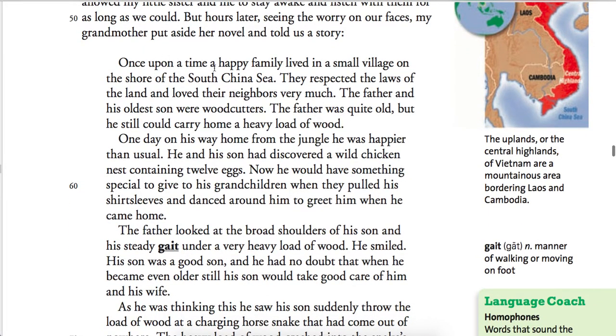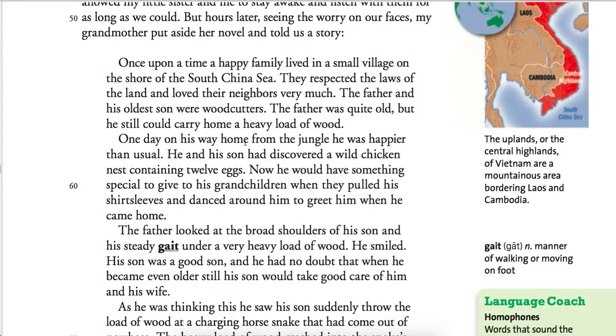Once upon a time, a happy family lived in a small village on the shore of the South China Sea. They respected the laws of the land and loved their neighbors very much. The father and his oldest son were woodcutters. The father was quite old, but he still could carry home a heavy load of wood.